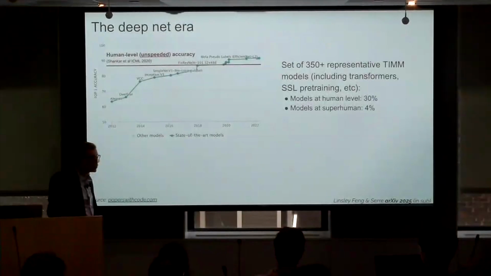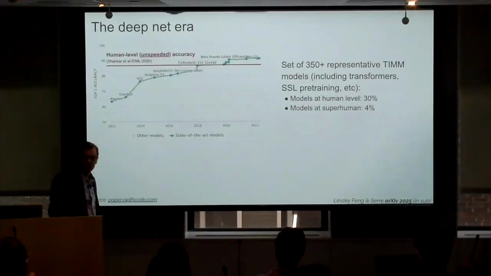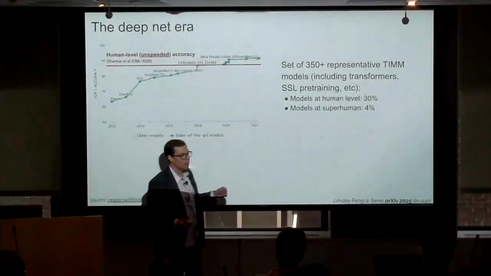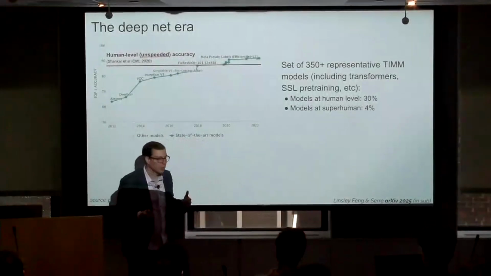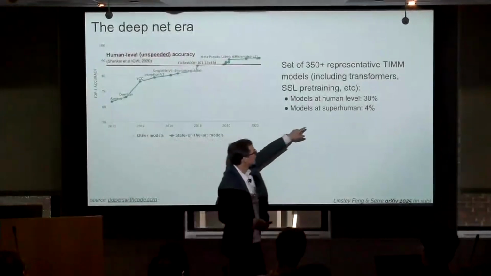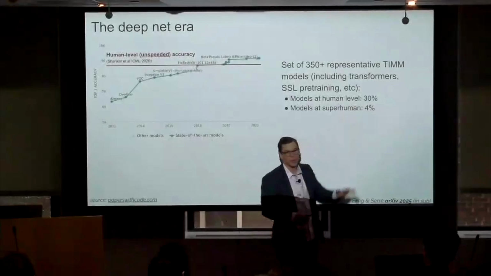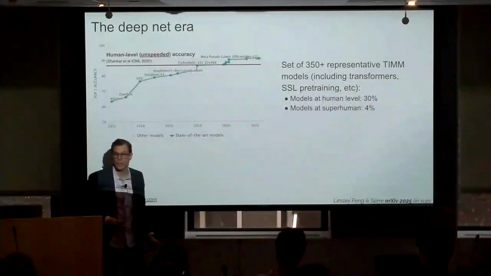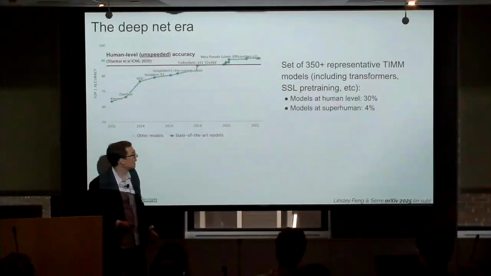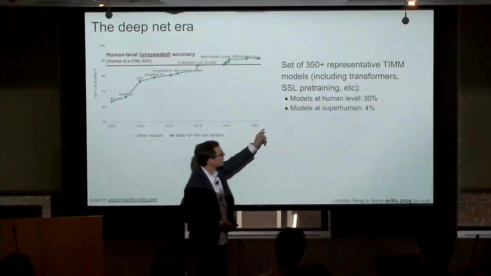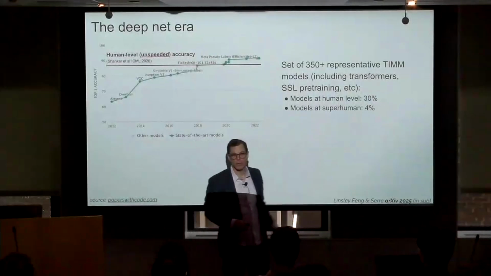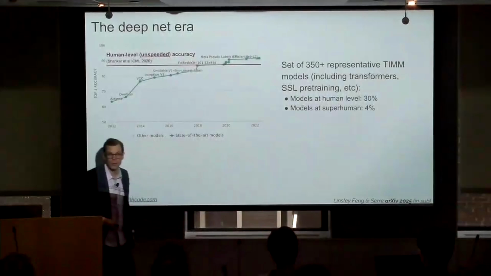They're all pre-trained and available in PyTorch, so that gives us a good sense of where models are today. So Drew took those models, ran them on the multi-label version of ImageNet, and estimated how many of them fall within the human confidence interval. And we found that about 30% of those models fall within the human confidence interval. A whopping 4% actually falls outside of the human confidence interval, suggesting that they are already at superhuman level.